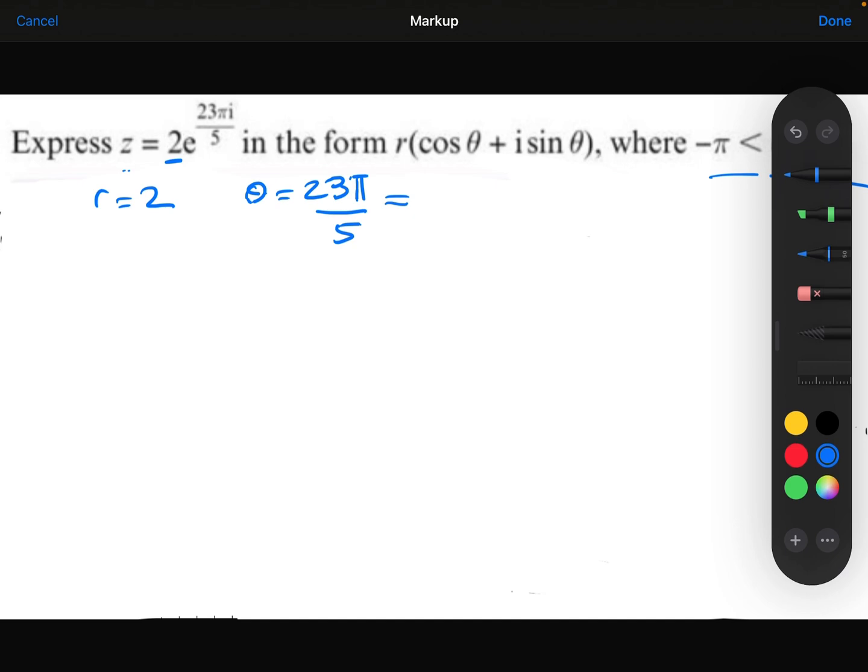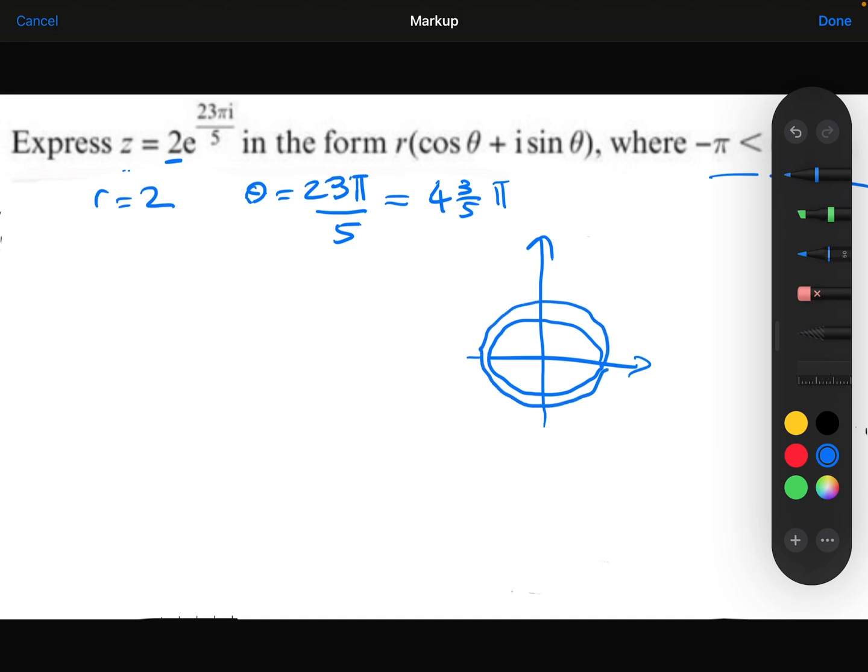Just think, 23 pi over 5. That's the same thing as 4 and 3/5 pi, because the 5 goes into 23 4 times. So 4 pi, that's the equivalent of me going pi, 2 pi, 3 pi, 4 pi.